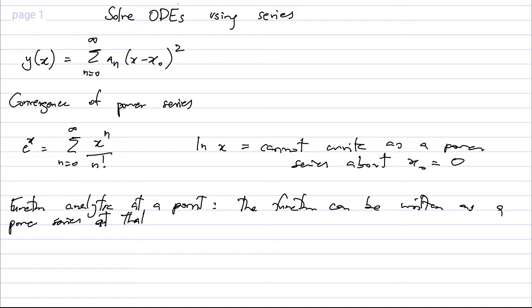Practically speaking, it usually just means that the function is well behaved at that point, so that the value of the function is well defined and its derivatives are well defined, so that you can then do a series expansion. For example, e to the power x is analytic at all points, but ln x is not analytic at x equal to 0. It is analytic at other values of x, for example at x equal to 1.